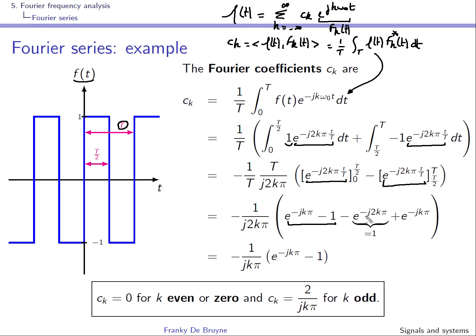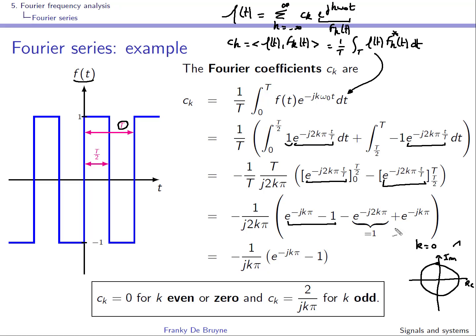So e to the minus j2k pi: if k is equal to 0, this is a 1, of course, but if we draw the unit circle, with the real part and the imaginary part, you're here, and if you turn by 2 pi, you end up at the same spot.